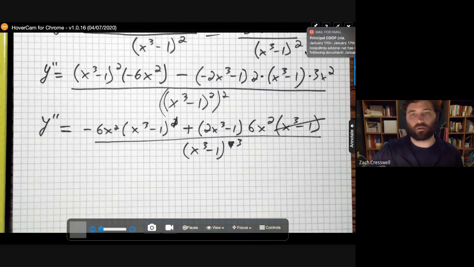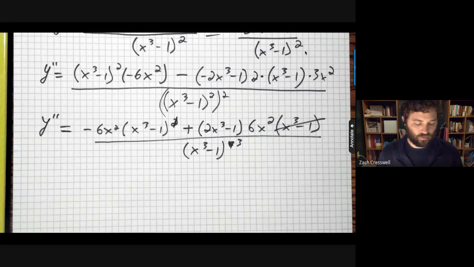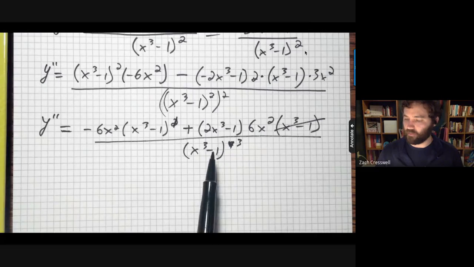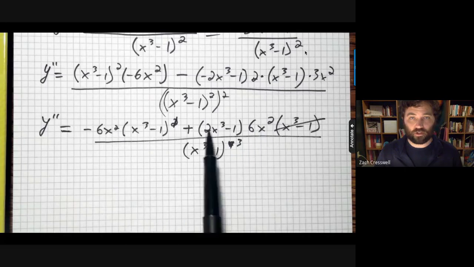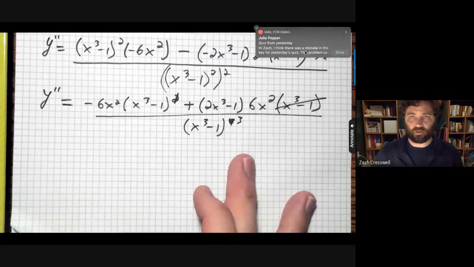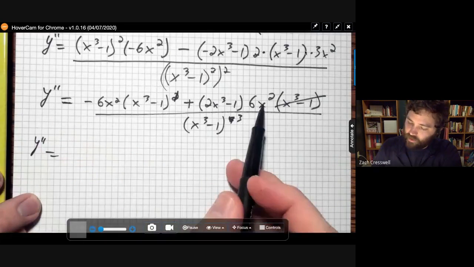I'm hesitant on how far I want to go with simplifying the second derivative because I'm probably not going to actually analyze concavity with the second derivative. But anyway, you could factor out the 6x squared here out in front. And if you do that, okay, I guess I'm going to do it. I can't help myself. I'm going to factor out a 6x squared.